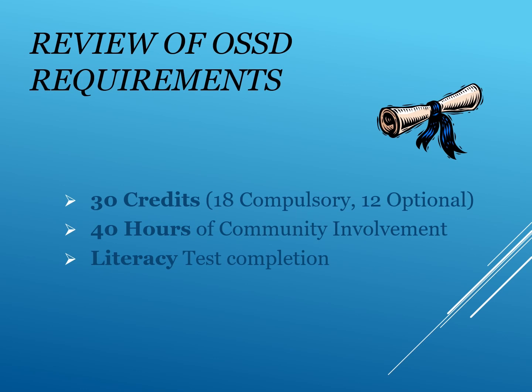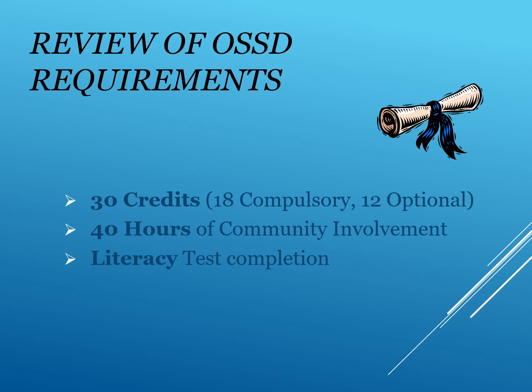Another graduation requirement is your 40 hours of community involvement or community service. Please note that this year's graduates have had that reduced to 20 hours, but the expectation is that next year's graduates will have to do the full 40 hours. These hours are not just volunteering. These hours are required to benefit your community in some manner.